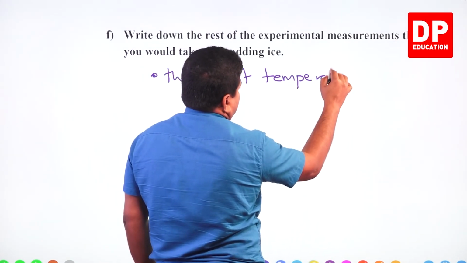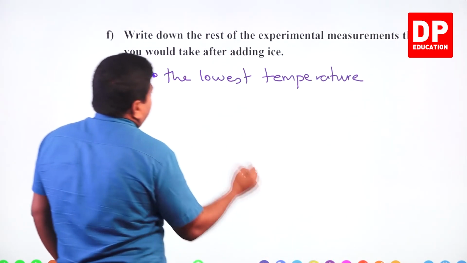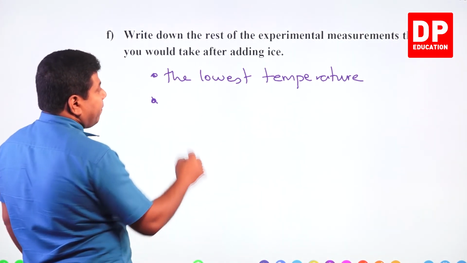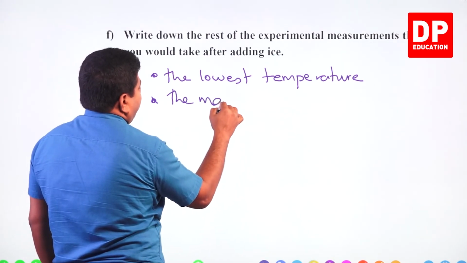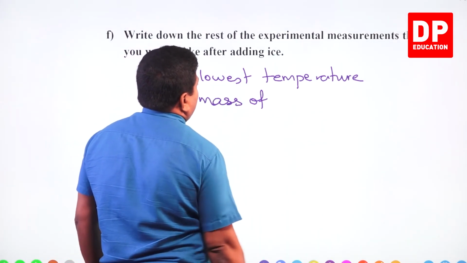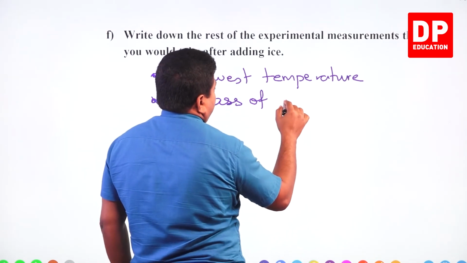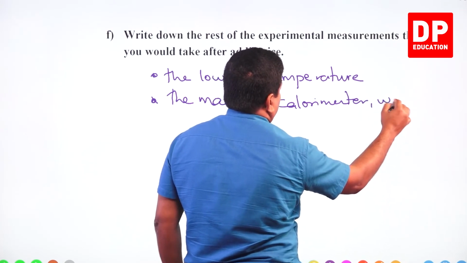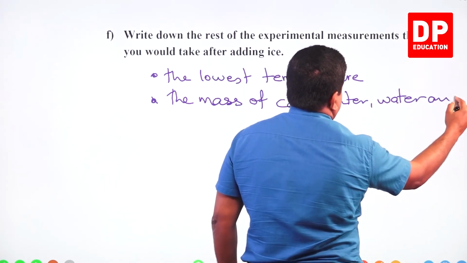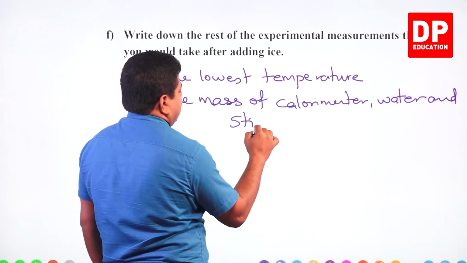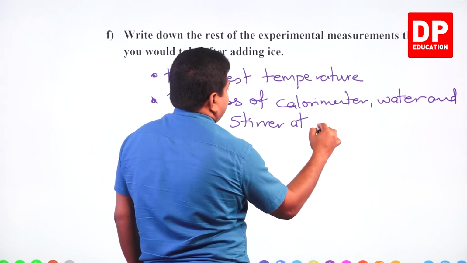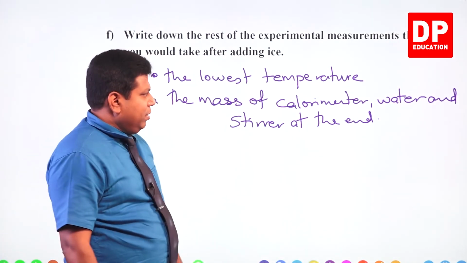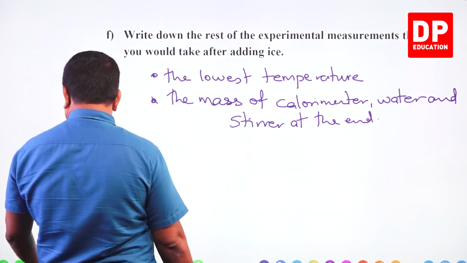Next, after the lowest temperature, the mass of calorimeter, water and stirrer at the end. Okay. Usual stuff, there is nothing unusual.